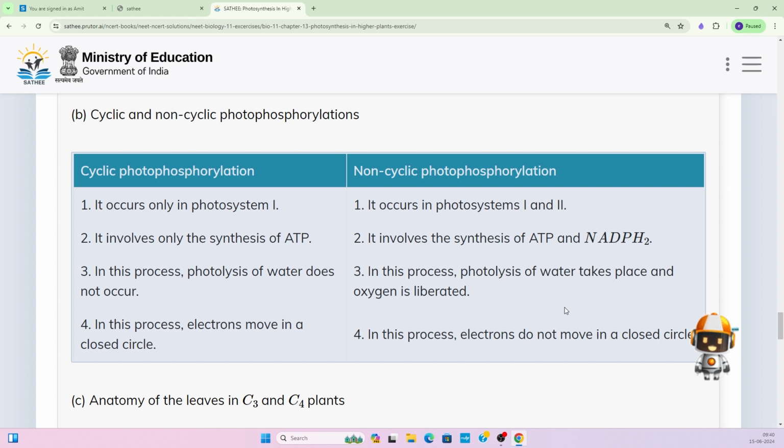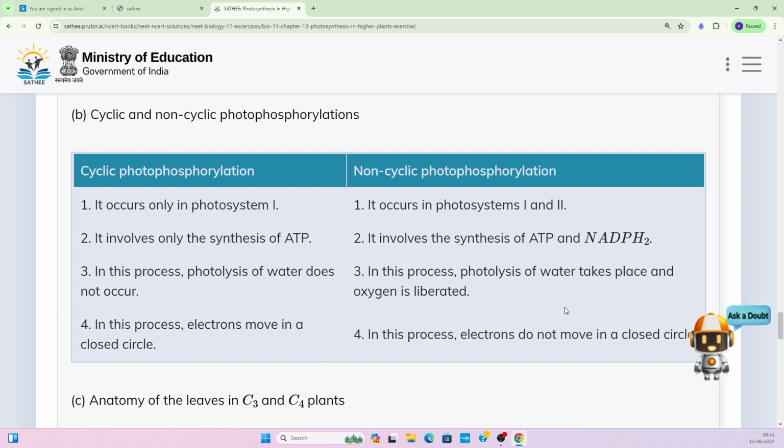Next difference, it involves only the synthesis of ATP. So in the case of cyclic photophosphorylation, NADPH2 is not formed. Only the ATP synthesis takes place. Whereas in the case of non-cyclic photophosphorylation, along with the ATP, NADPH2 is also formed.